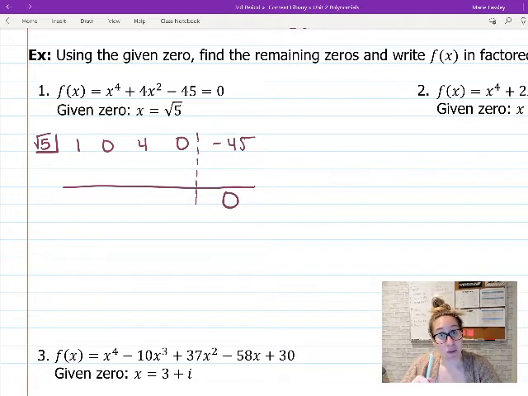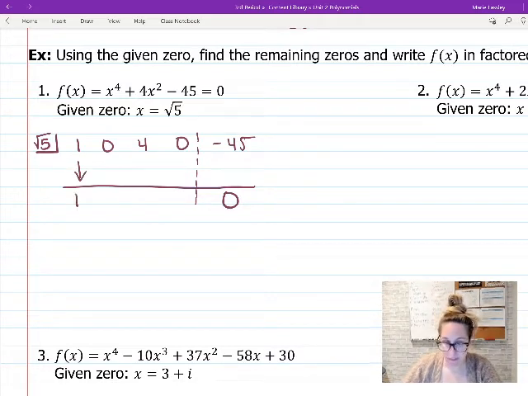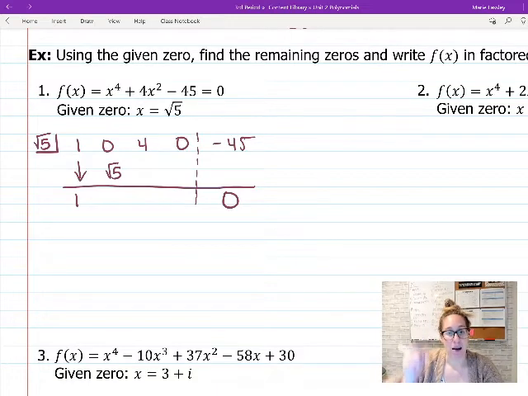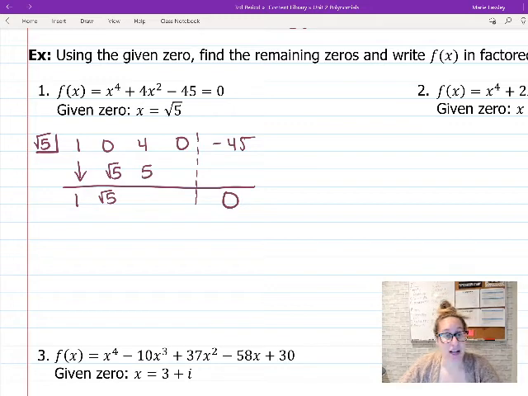All right, here's what it looks like. So I bring down my 1. Now I multiply. Square root of 5 times 1 is the square root of 5. I bring it down. I add. 0 plus root 5 is root 5. Now I multiply. Square root of 5 times square root of 5 is 5. So that's going to go underneath the 4. Now I add. 4 plus 5 is 9.